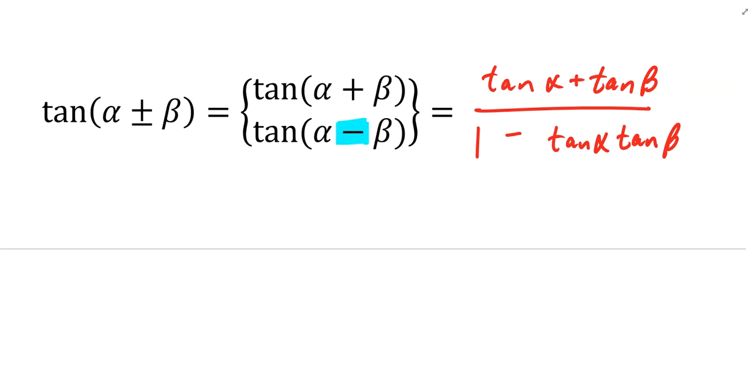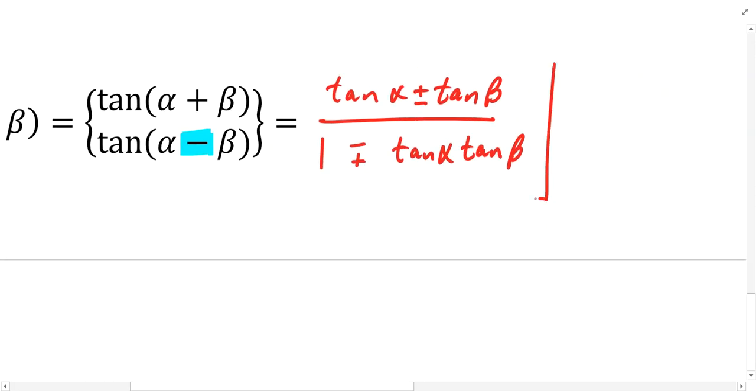When we're talking about the difference identity, though, it's just the opposite. We're going to use a minus sign in the top here, so we would have tangent alpha minus tangent beta. And in the denominator, we would have 1 plus tangent alpha tangent beta.